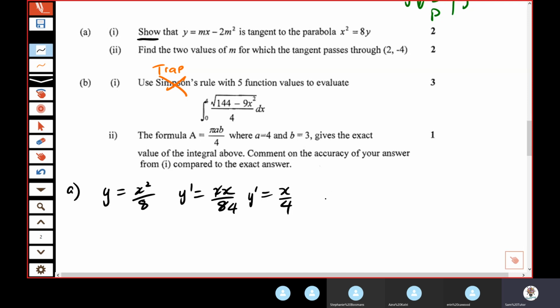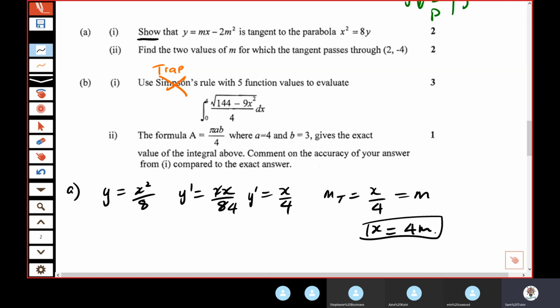That means the gradient of this right now is x on 4. Right? For this to be the same as the gradient of this, it must equal m. So in other words, your x value must equal 4m for that to occur.